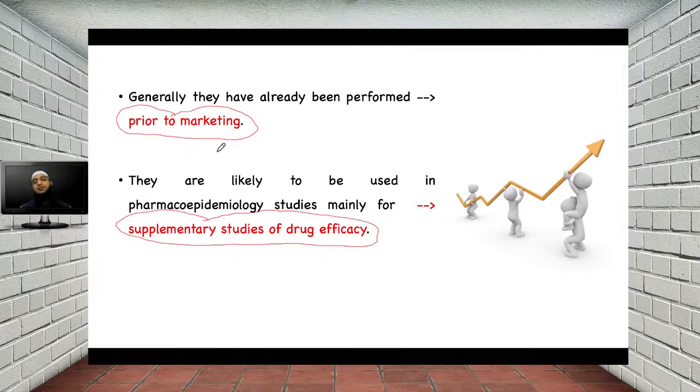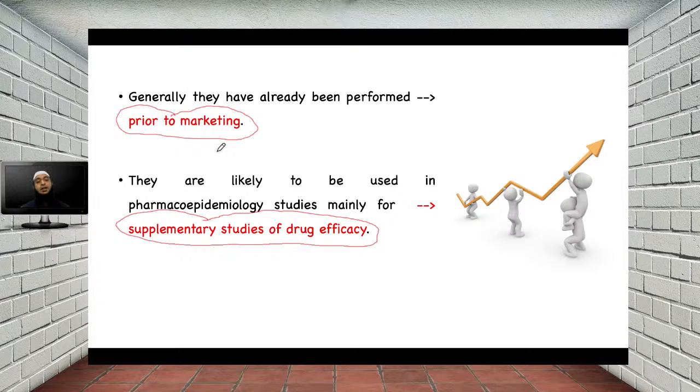Now after the drug is launched, if there is doubt, if there are some outcomes you have received after giving the drug to a large number of patients which are doubtful or do not directly agree with the data from the phase 1, phase 2 and phase 3 studies, then to confirm that you can conduct an additional study.